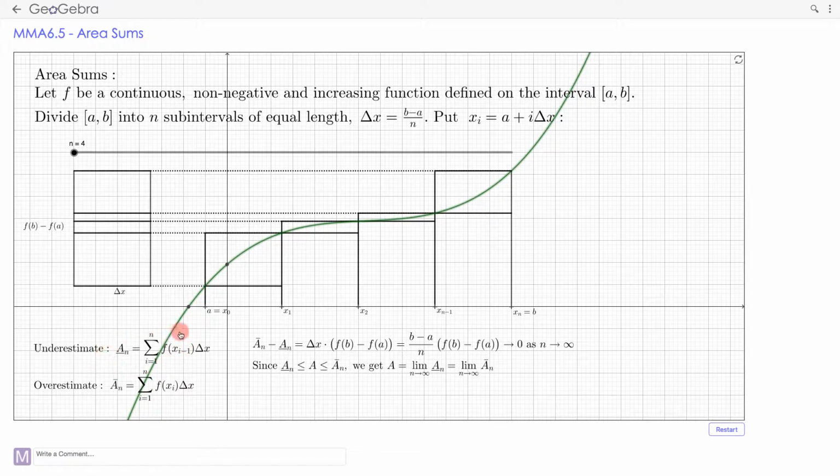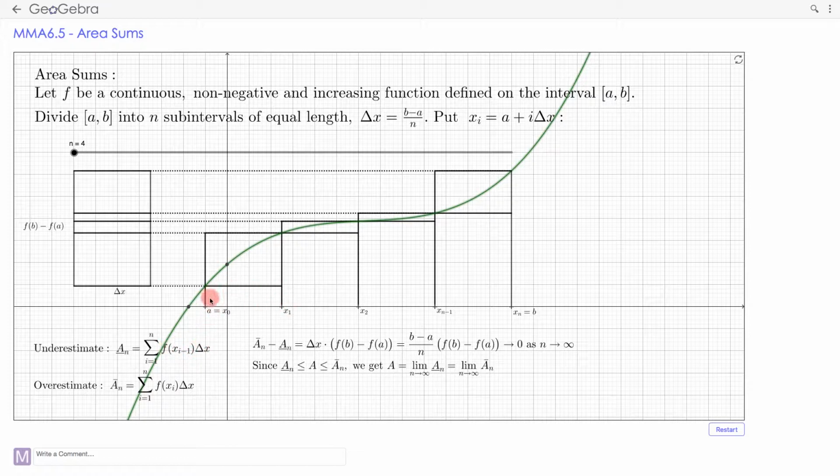So an underestimate like this will be something we can write like sum from i equals 1 to n f of x sub i minus 1. So this is our way of writing the leftmost endpoint of the subinterval times the length of the interval. So putting in 1 will tell us that this is f of a times the length.